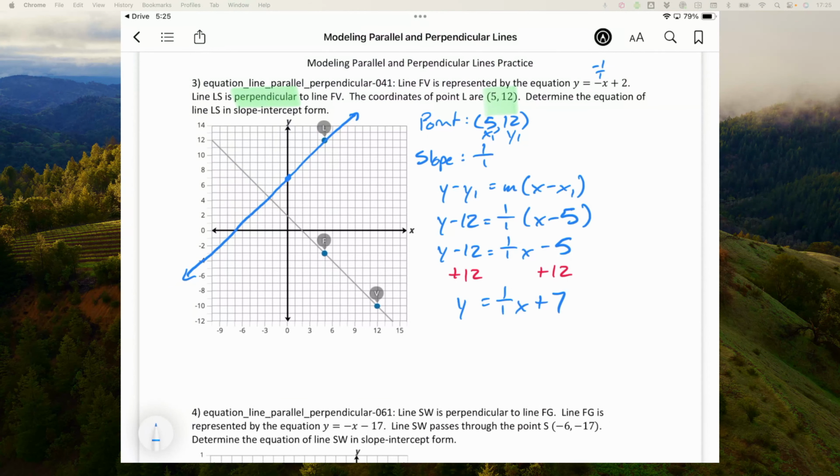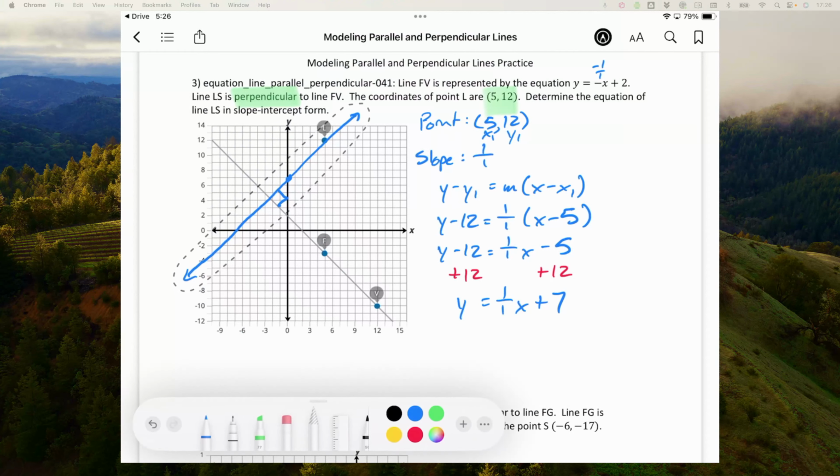That line would end up perpendicular to our original line because the slopes are opposite reciprocals. And as we discussed in the previous lesson, I could grab this line and move it anywhere up and down the y-axis. I could have any y-intercept I want. And the slope would mean that no matter where I put it, it would be perpendicular to the line that I was given.